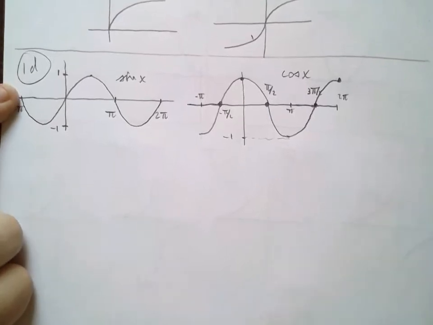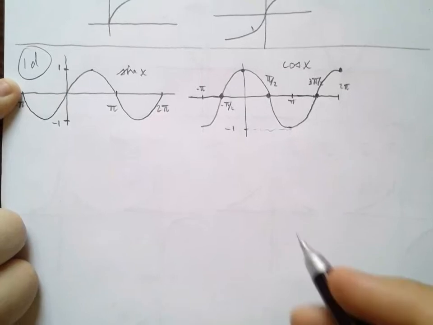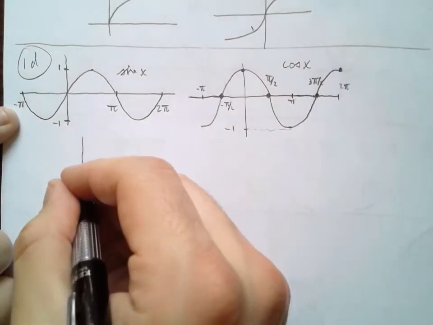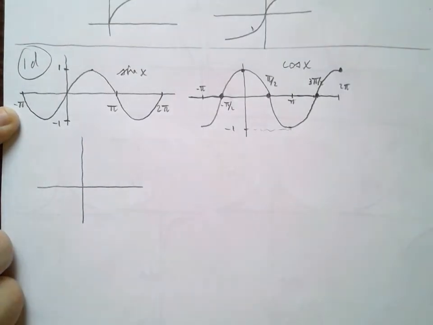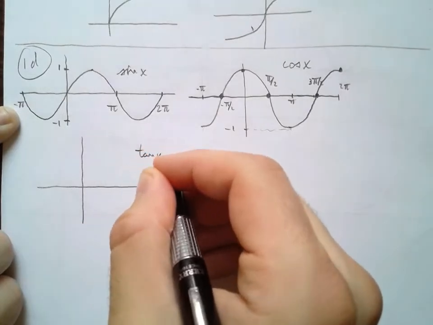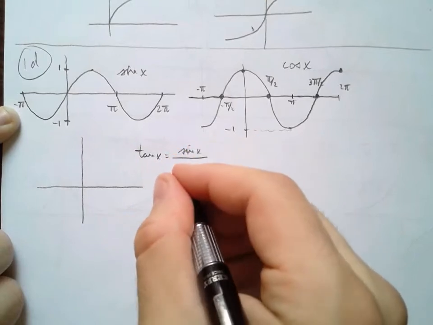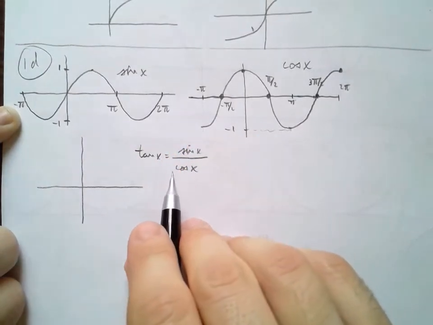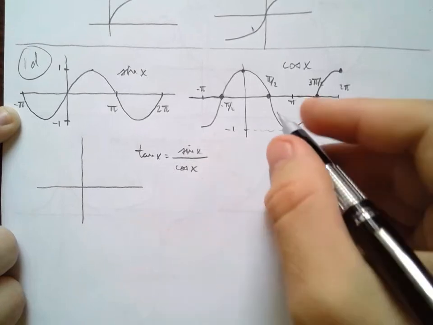And using these two, if you know these two, you can pretty much get all of the other trigonometric functions. So I'll start with tangent of x. I'll do that down here. And I know that tangent of x is sine of x over cosine of x, which means I'm going to have vertical asymptotes everywhere this denominator is 0, everywhere cosine of x is 0.